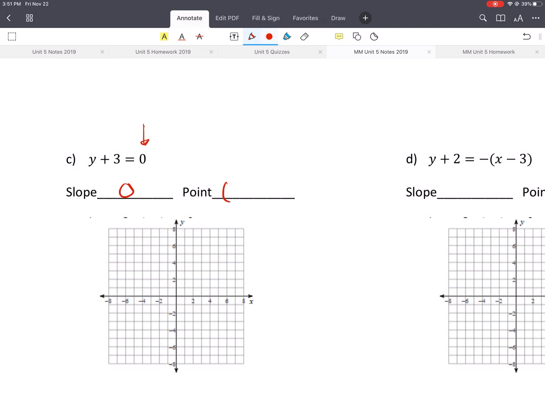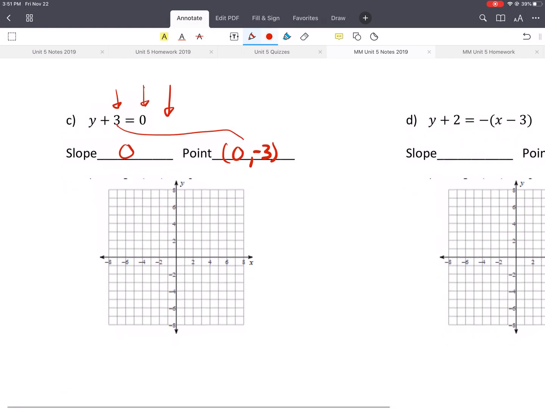And point, here we have y plus 3, so we'd want to take it out and change its sign when we take it out of the equation. And then since there's nothing over here, we'd want that to be 0. Okay, so here our point would be 0, negative 3, which is right here, with a slope of 0, which is a horizontal line.